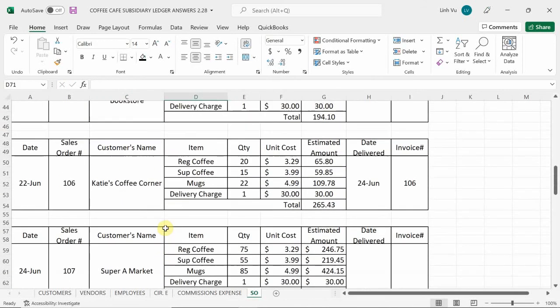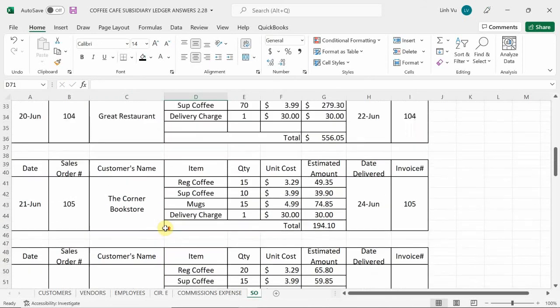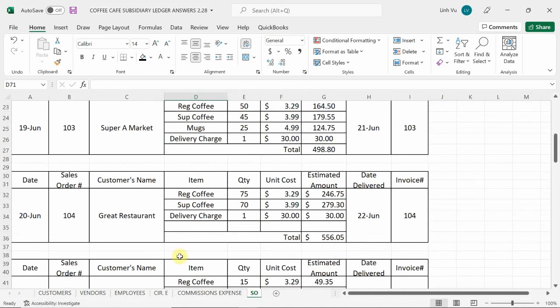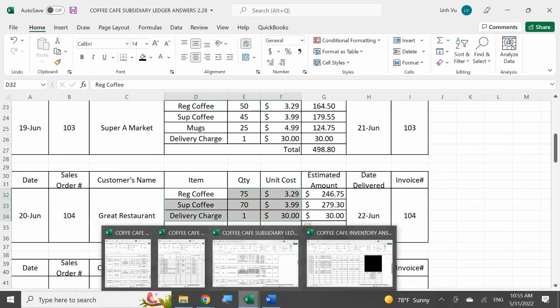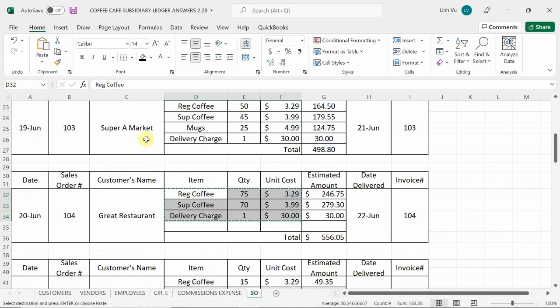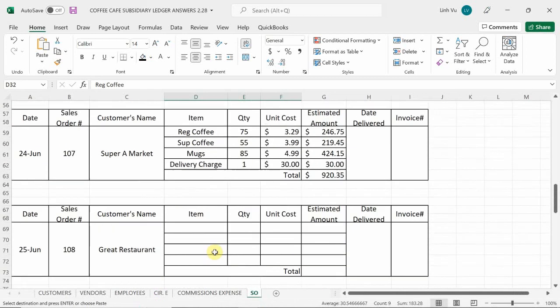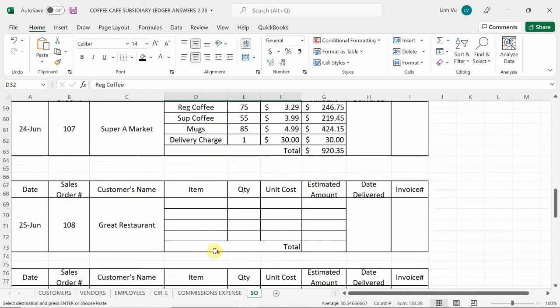So we can take a look at Great Restaurant's order over here. They want exactly regular coffee and supreme coffee, and that's it. So I'm going to copy their order and paste it here.